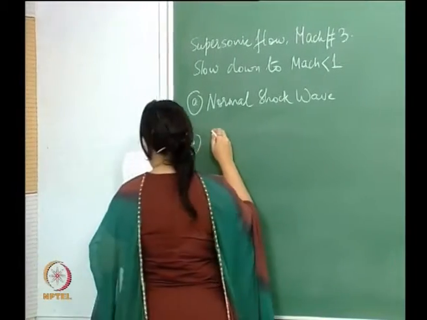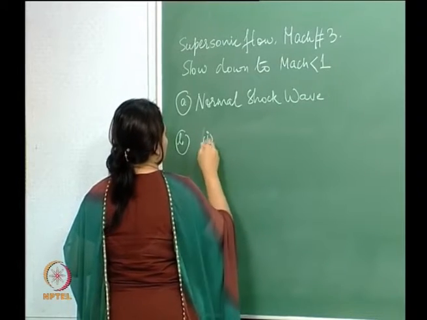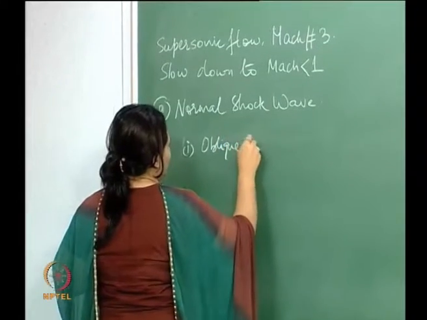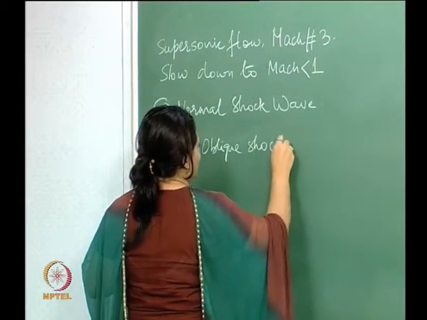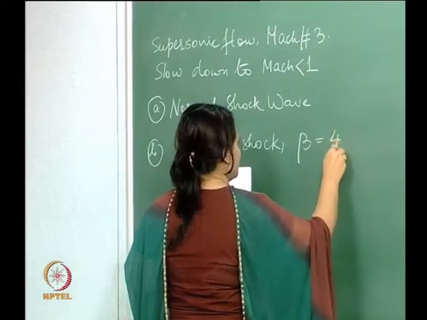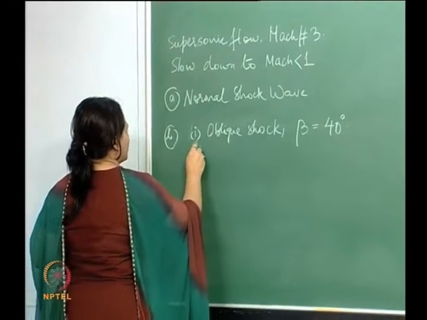Okay. So in this case, first it goes through an oblique shock, where the shock wave angle is given as 40 degrees, and next it goes through a normal shock wave.